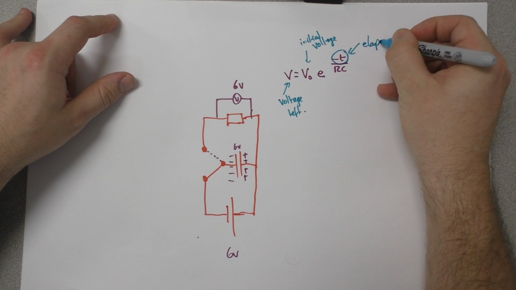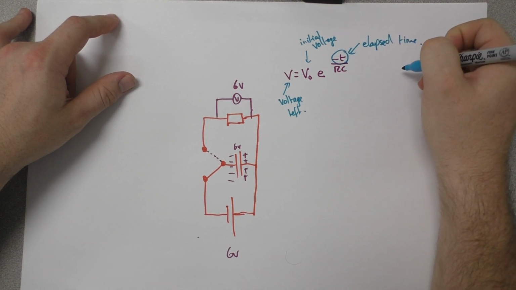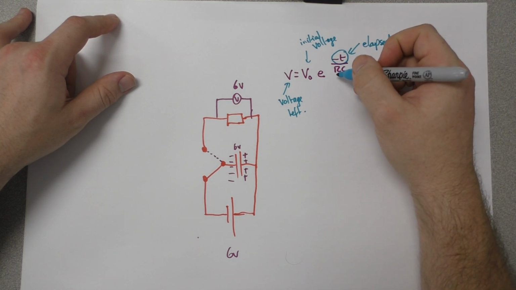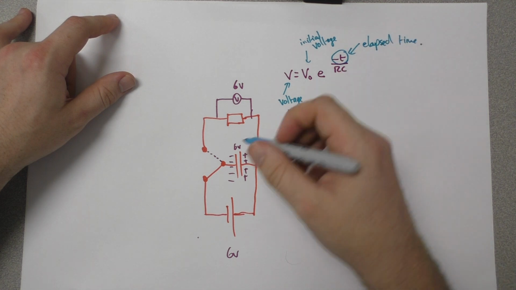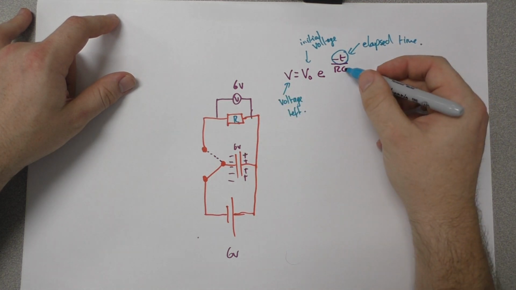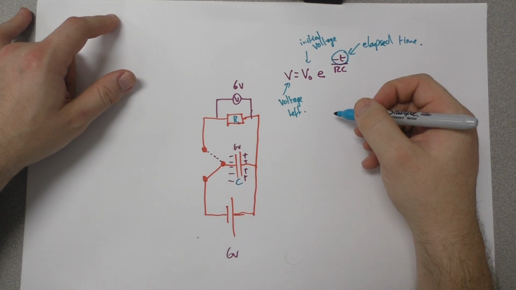This is the elapsed time. Everything else pretty much stands for itself. So R is the resistance of this resistor, and C is the capacitance of this capacitor.